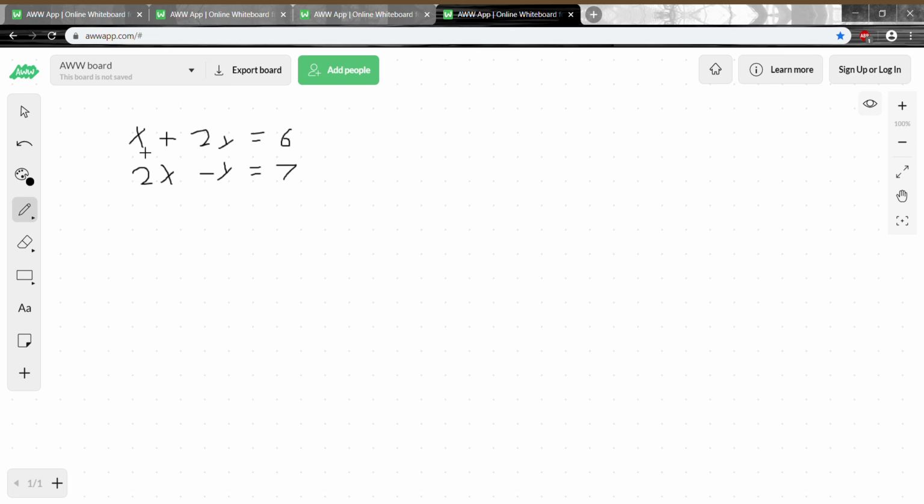So let's say this line right here looked kind of like this on the coordinate system, and this line right here might look kind of like this. We're going to learn how to find exactly where they intersect. We're going to erase this quickly.